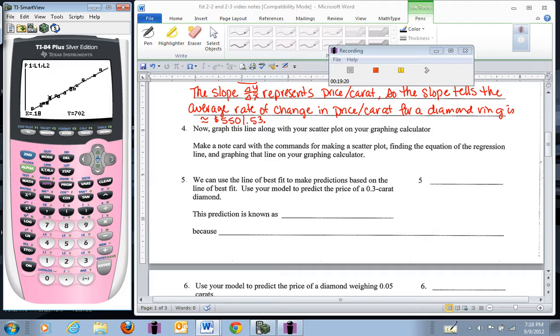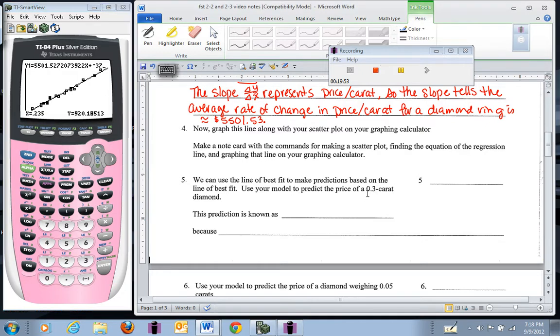If you start moving around with your right arrow, it's going to jump you around to the actual stat plot points. These would be the points in the table that we entered in our 2 lists, because I'm on my stat plot. If I want to do something with the line of best fit, I have to hit my down arrow until this says y equals up here, and I now have my equation of my line in there. And then I can trace on that line.